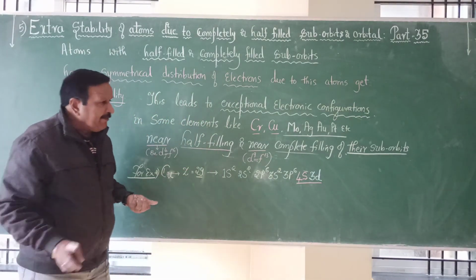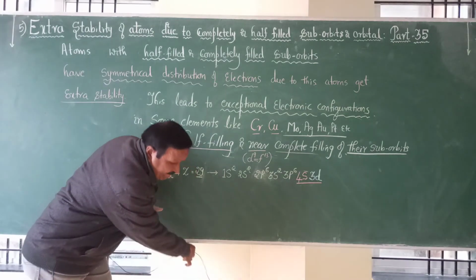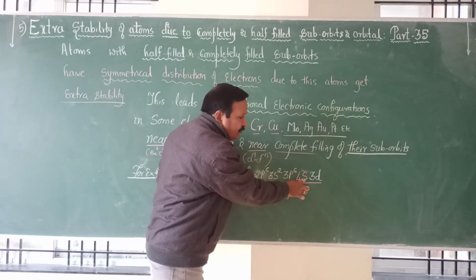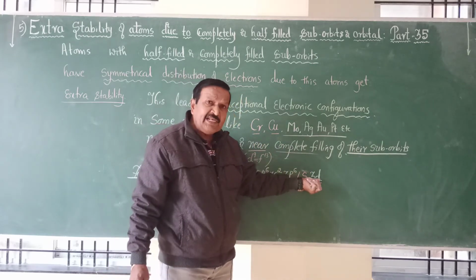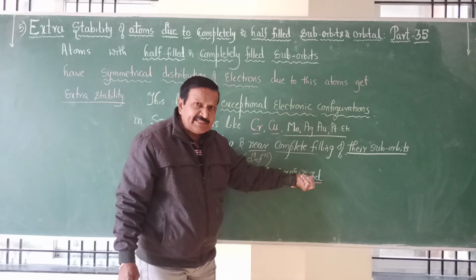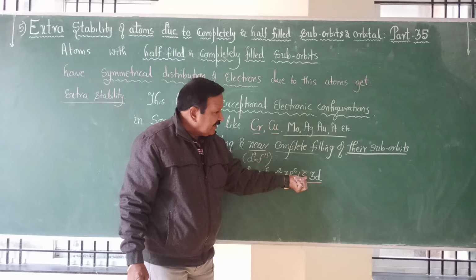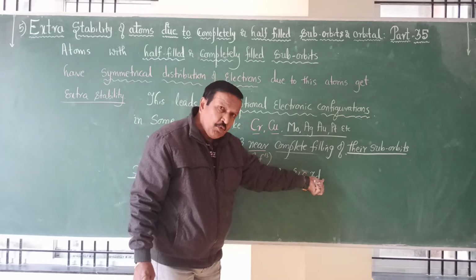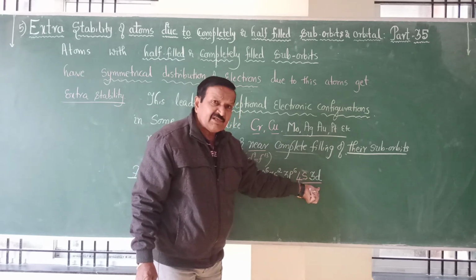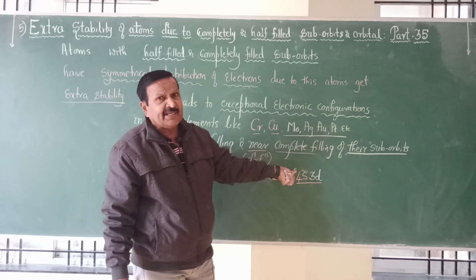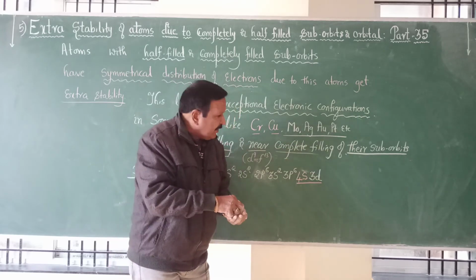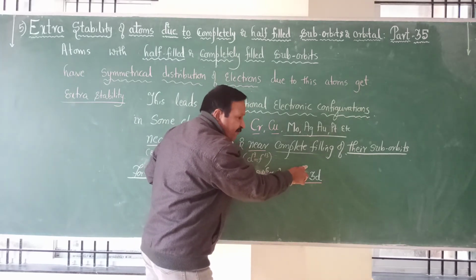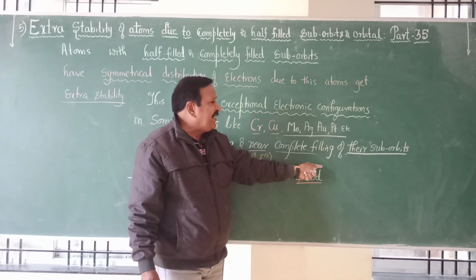Normally the first is 4s2 completely filled. You know very well the energy of this orbital is low and the energy of the other orbital is more. Why? According to the n plus l rule, for 4s, n is 4 and l is 0, so the value is 4. But for 3d, 3 plus 2 is 5, and hence it is filled only after 4s. So it should be 4s2, and then it becomes 3d9.